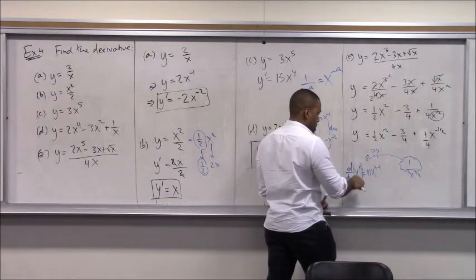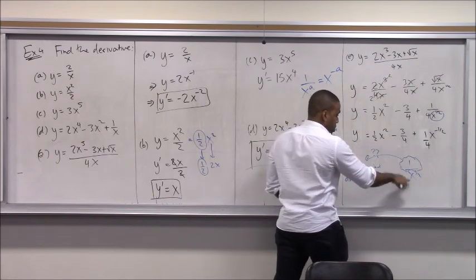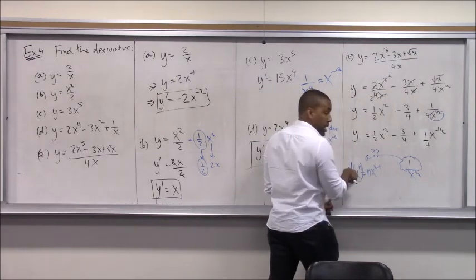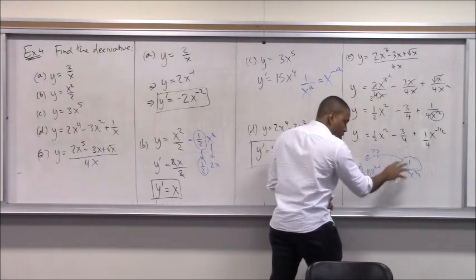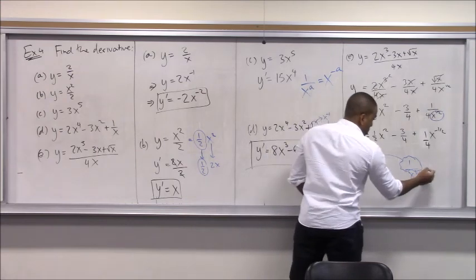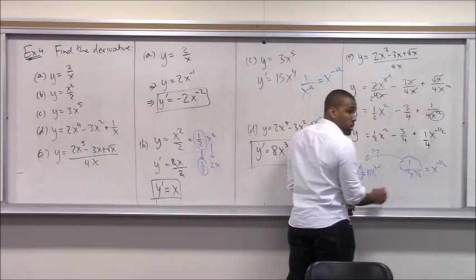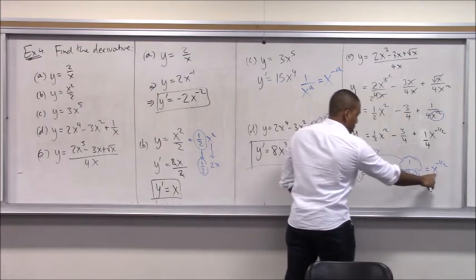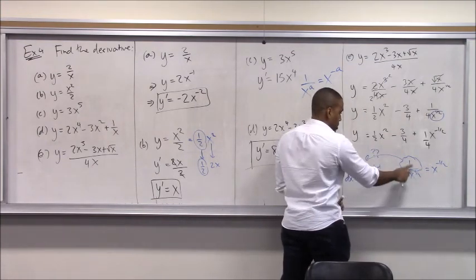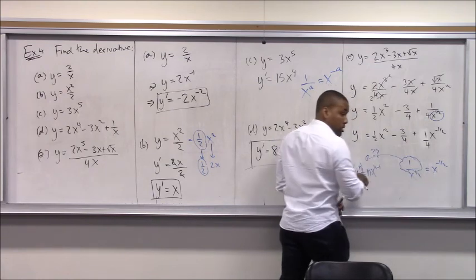Right? I just have x to a number. So if I see 1 over x to something, it doesn't look like x to a number. I need to rewrite it. By using the laws of exponents, now it looks like x to a number. This doesn't look like that. This does.